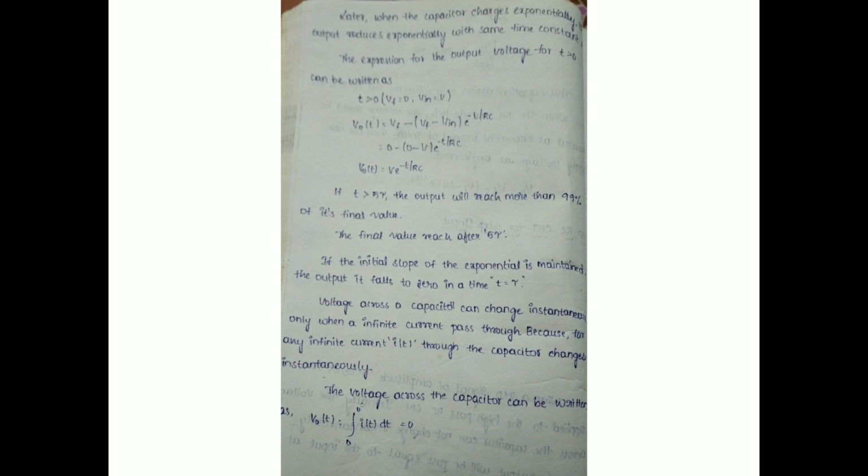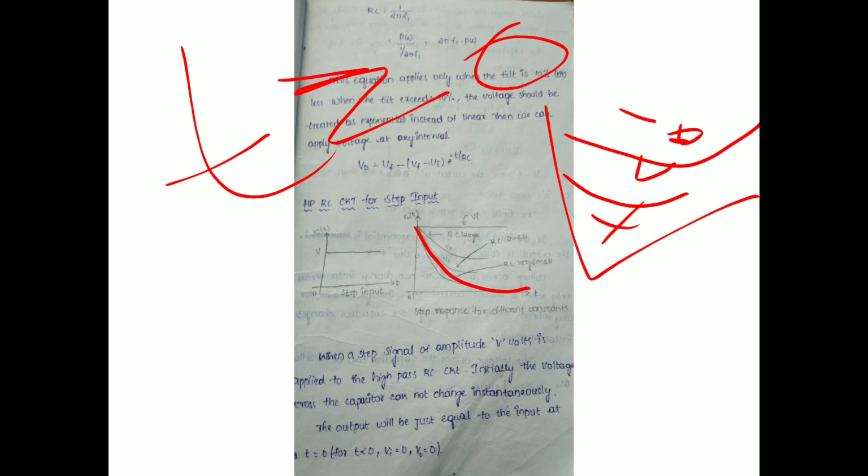This is the response of the step signal, the final responses. This is the t less than 0 condition, that is t greater than 0, this is t greater than 5 tau.